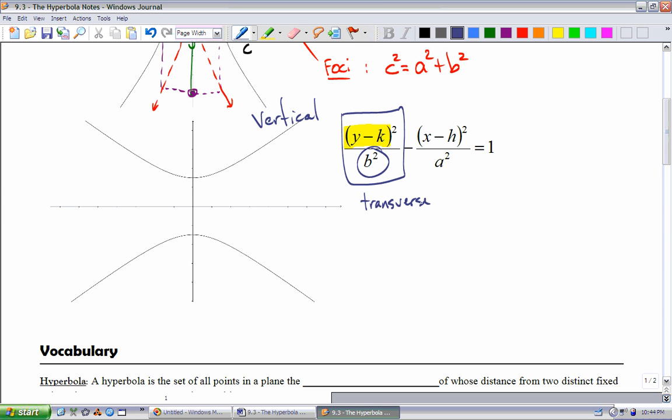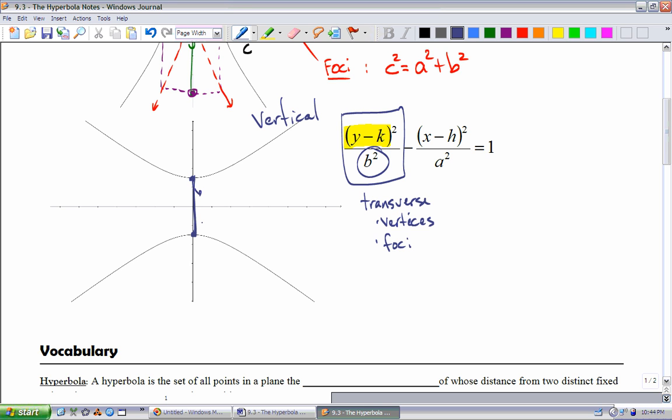Y, vertical, x, horizontal. And again, it should have our vertices and our foci on them. I'll just draw those in here. Here's our transverse axis. Notice it's running vertically this time.